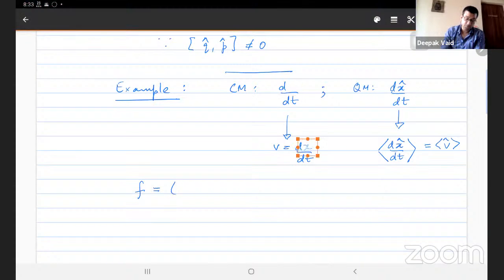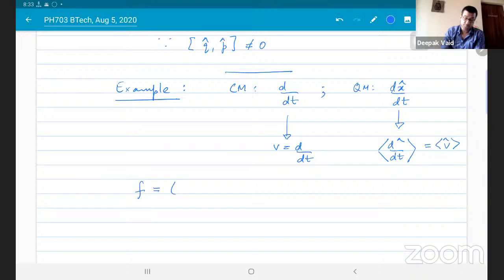I should probably use q because I don't want to be inconsistent. I'm using x somewhere, q somewhere. So f is some function of p and q. One such function is just q. q is also a function of p and q.